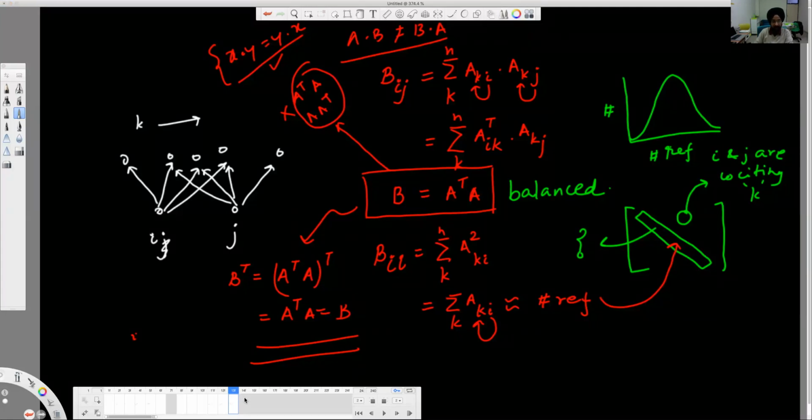Now, since we talk about these kind of matrices, there's another framework which has similar derivation, and those are known as hypergraphs. Okay, so this is to take care of some community structure in a network.